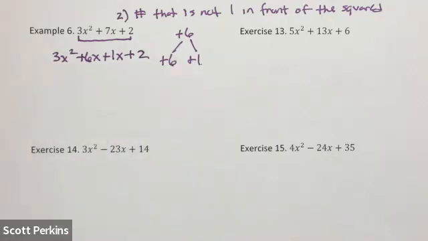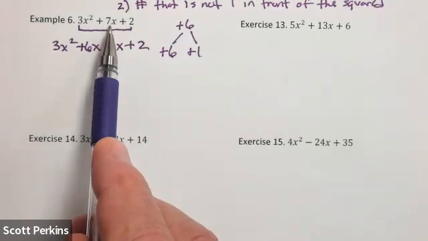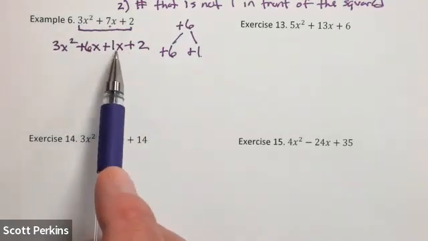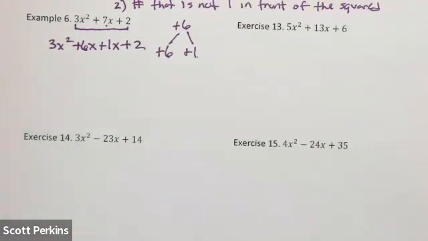Again, just to reiterate, because I know this might be the first time you're seeing this, maybe it's a new method for you. I'm taking this middle term and I've broken it up into 2 terms. The reason I've done that is now I have 4 terms here, so I can use the grouping method, which we talked about last time in class.